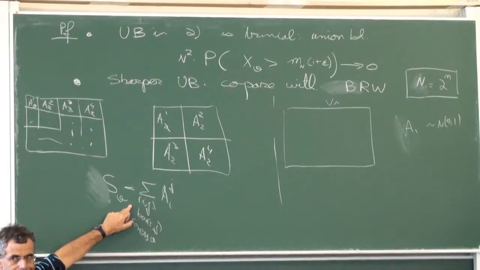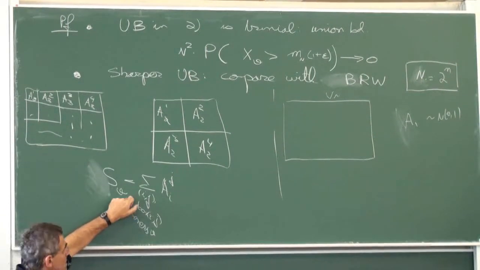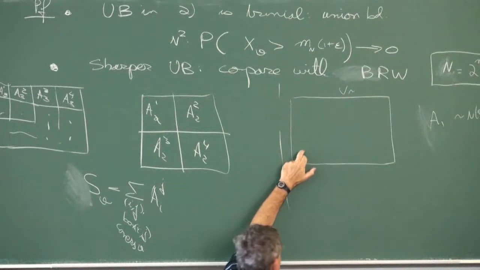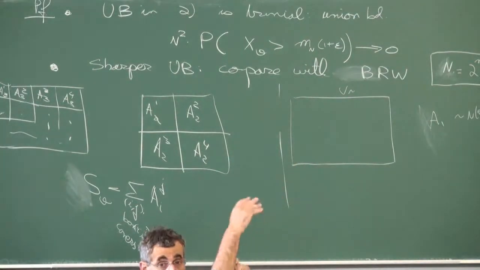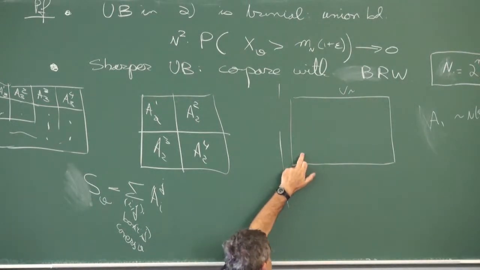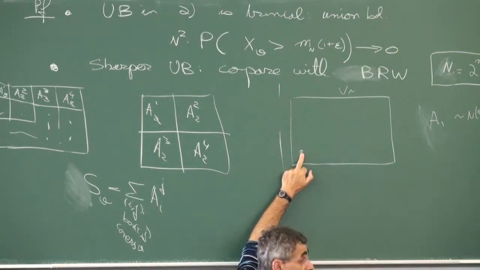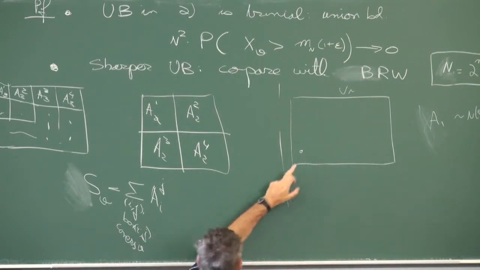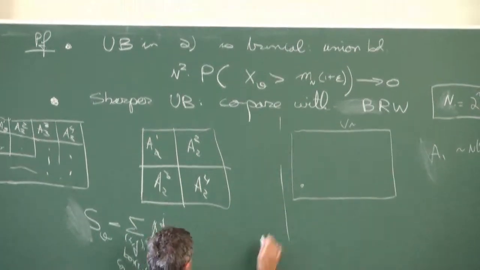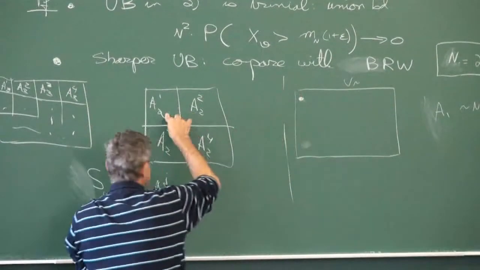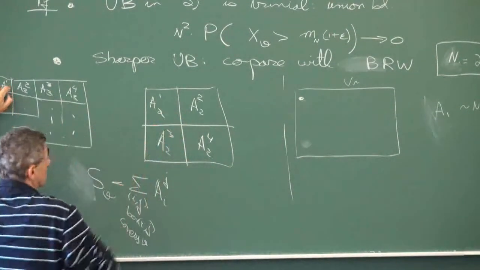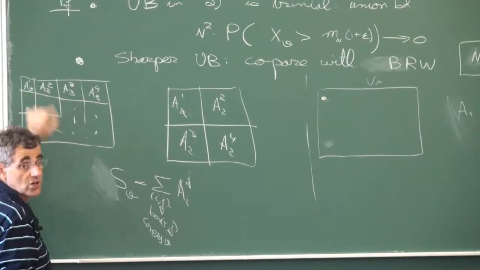This is just summing up for every point in the box all the random variables that belong to the boxes covering it. So at level 0, all of them will get A1, but then this point, maybe I'll draw a point here so it will be clear, will get A1 plus A21 plus A31, and so on.